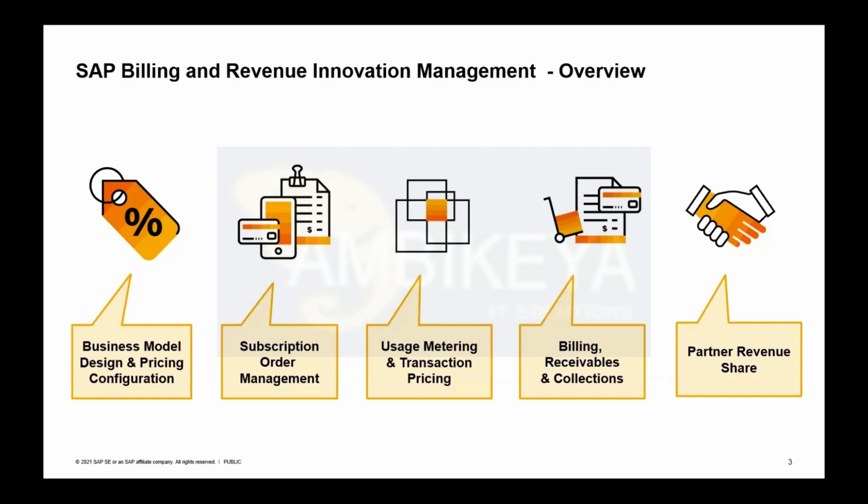The third part of the functional solution is the usage metering and transaction pricing. We have a very high performant solution in place here. On the one hand side, we have a convergent mediation system in place, which is offered by a partner, by Digital Route. This is a very strong solution in order to prepare the metered transactions that are coming from networks.